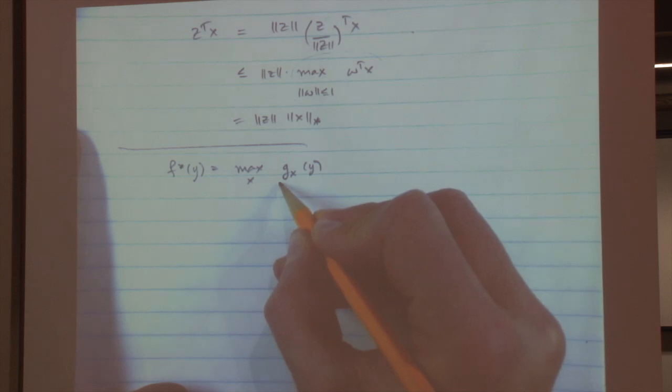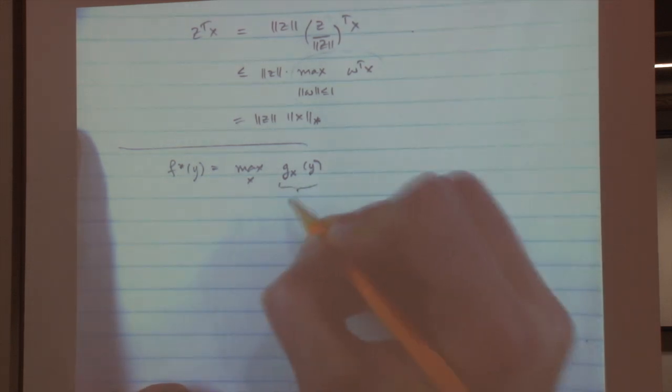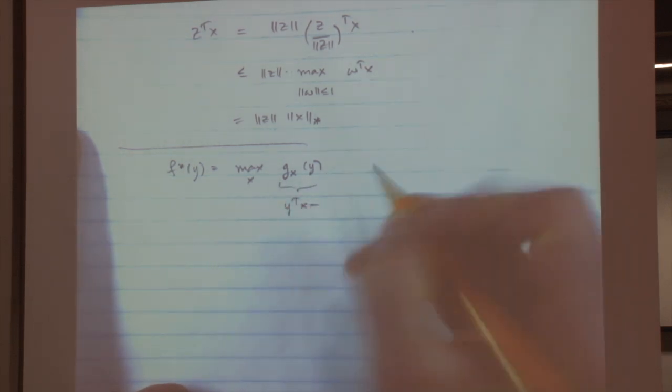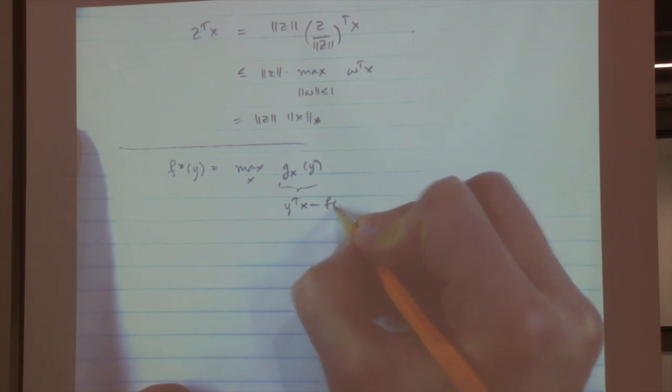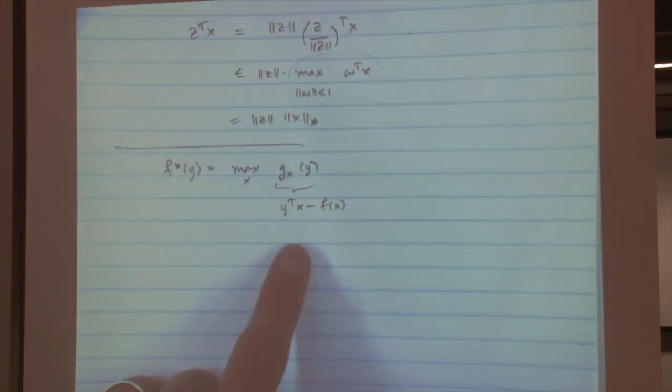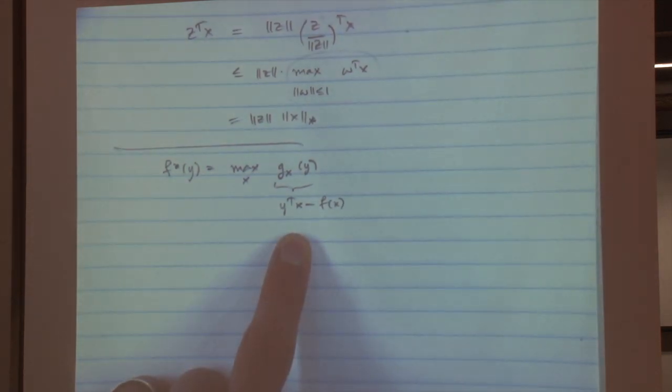And g sub x of y is just equal to y transpose x minus f of x. So what kind of function is it as a function of y? It's just linear. It's affine, actually. So I'm taking a maximum of affine functions of y.